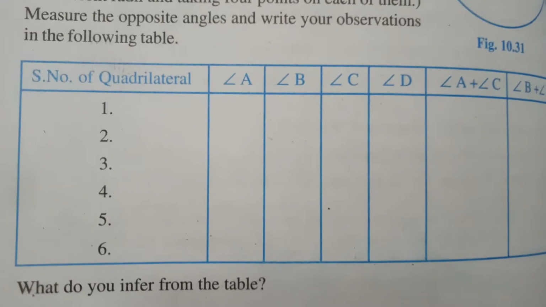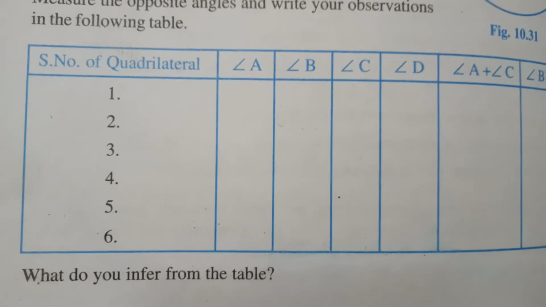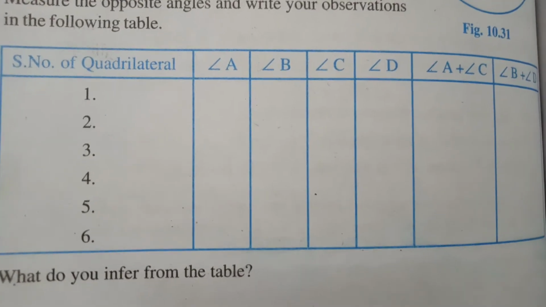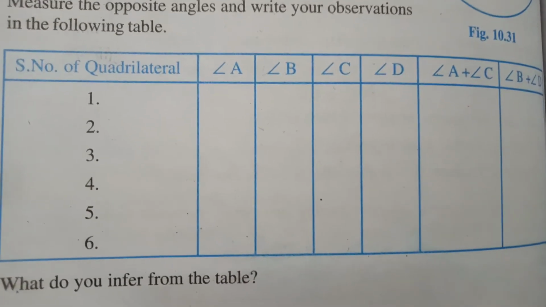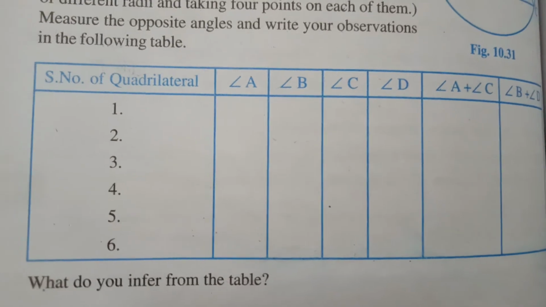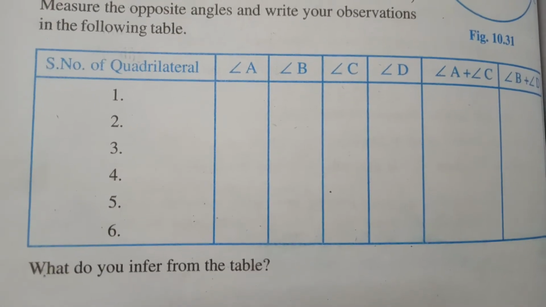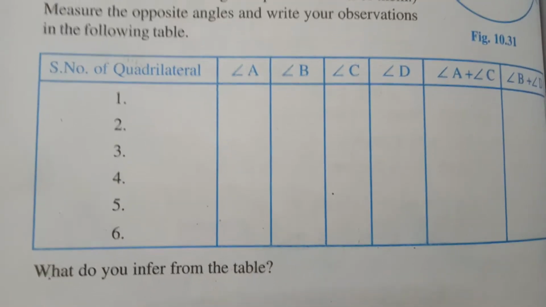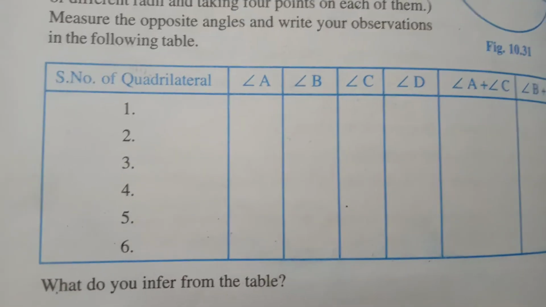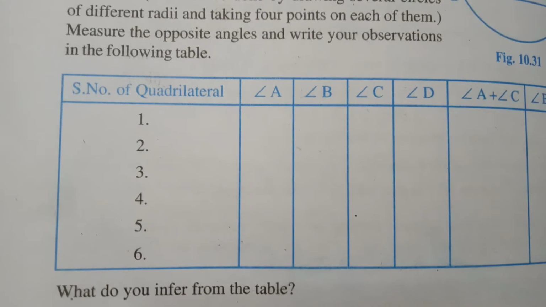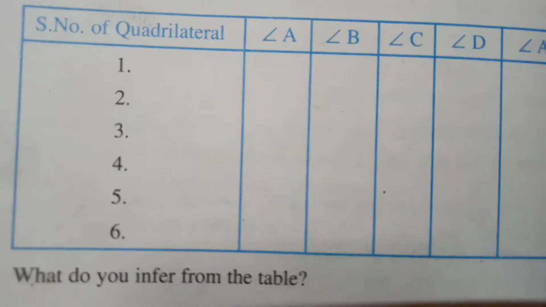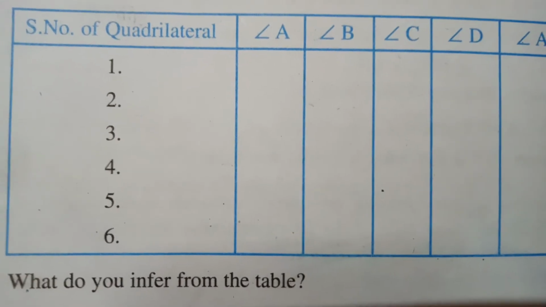Then in the fifth and sixth columns, if you observe, the value of angle A plus C will be equal to angle B plus D, which is equal to 180 degrees. With this, we are now going to discuss theorem number 10.11.